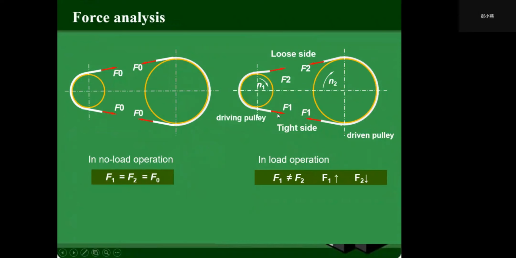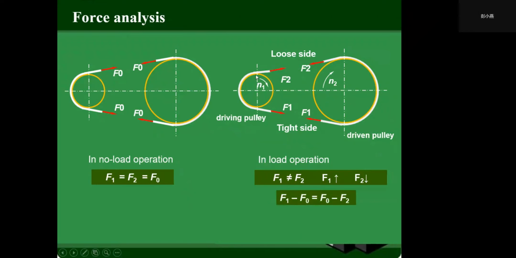The tensile force in the bottom strand of belt increases from initial tension F0 to tight tension F1, whereas the tensile force in the upper strand drops from F0 to a smaller value F2. So the tensile force F1 is not equal to F2.